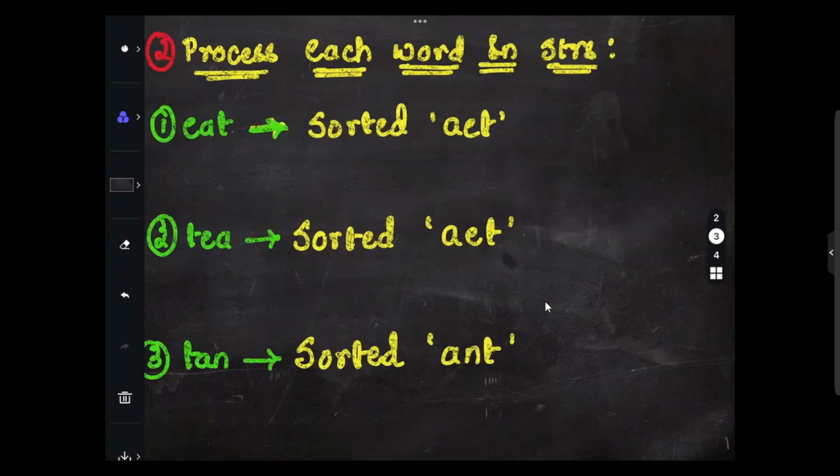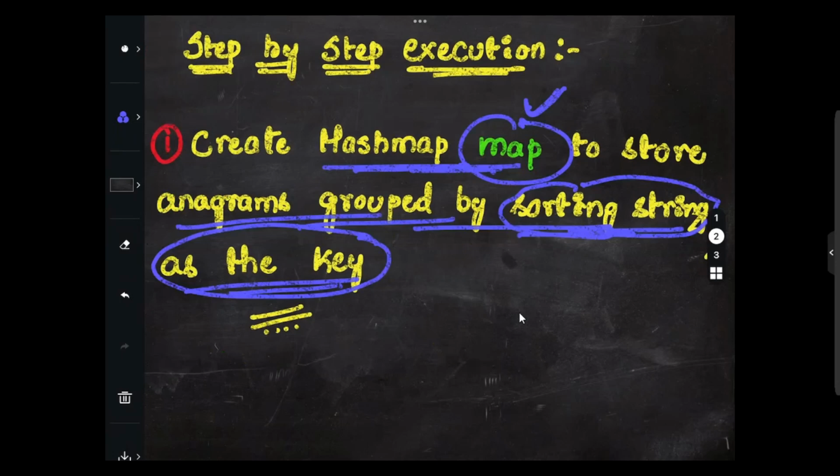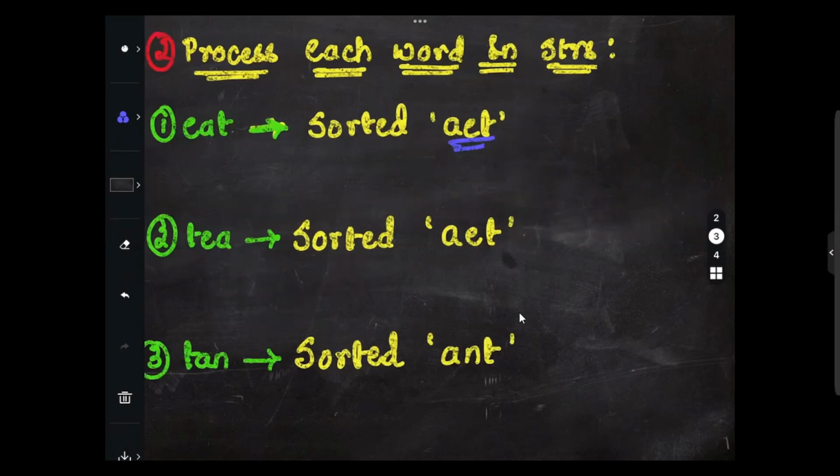Let's discuss the process for each word in strs. In this case, we have the word eat. When this is sorted based on the ASCII value, we get A, E, T. First is A, then E, then T. So we are storing this in the map. We store the anagrams grouped by the sorted string as the key.